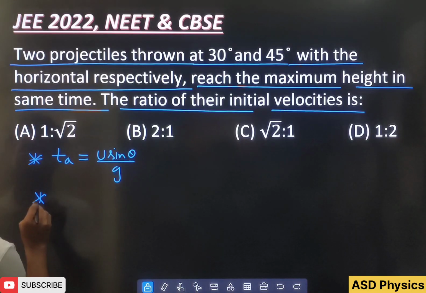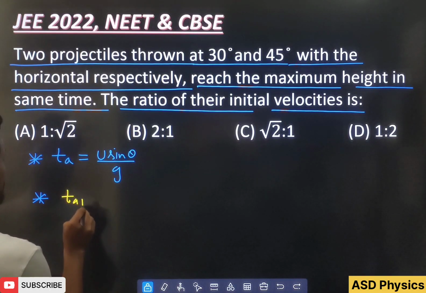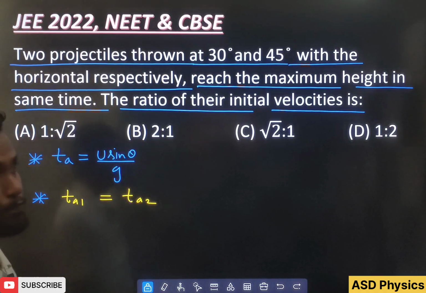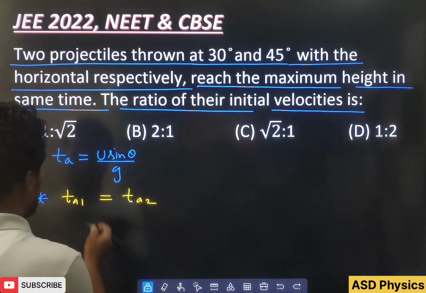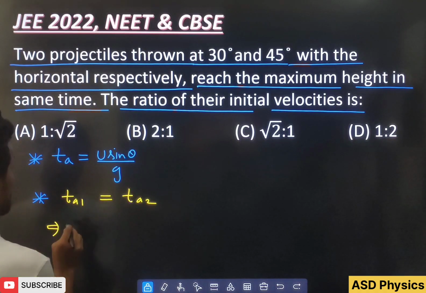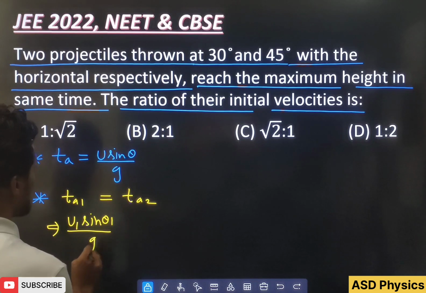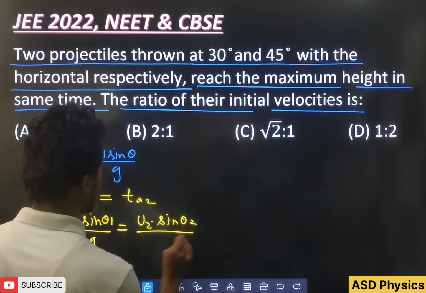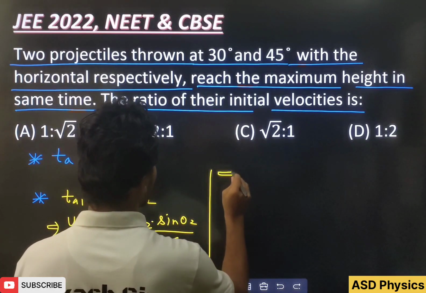Okay, so according to the question, they are telling they are reaching at the same time. So for first projectile TA1, for second projectile TA2, is it? So in this situation, what will happen here? We can write here, see, this TA1 value, kindly see, u1 sine theta 1 by g is equal to, by other way also we can solve the question, not a problem, u2 sine theta 2 by g. Anyhow, g and g cancel.